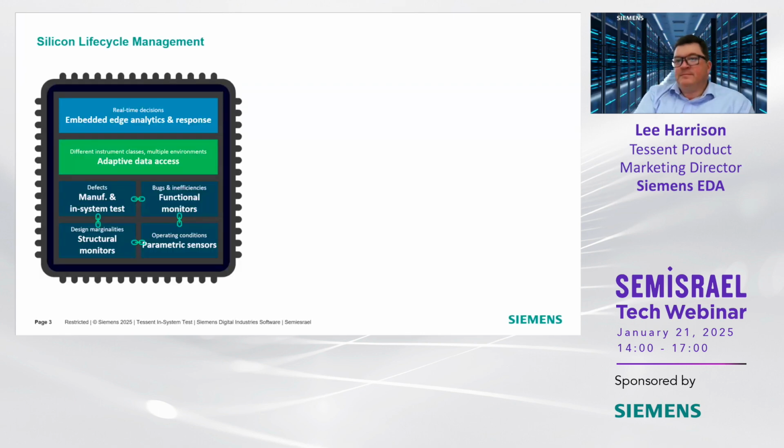So first of all, silicon lifecycle management. So what is it? Why is it becoming important? What we're seeing is an increasing need to be able to have visibility of the silicon health and functionality throughout the life cycle of your products, rather than just making sure that we're shipping good silicon at manufacture.